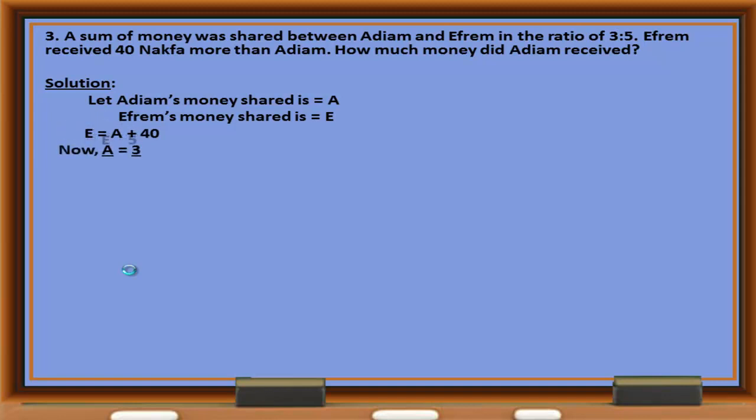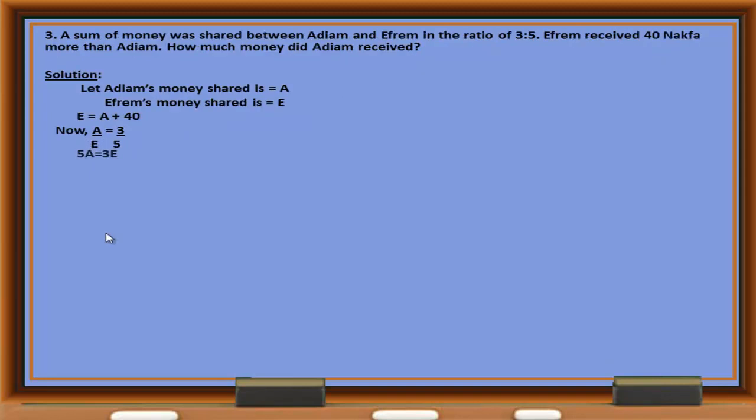Now, A over E, that is the ratio of Adam to Ephraim, is 3 to 5. Cross multiply it. 5A is equal to 3E, where E is A plus 40. We have said that E is equal to A plus 40.